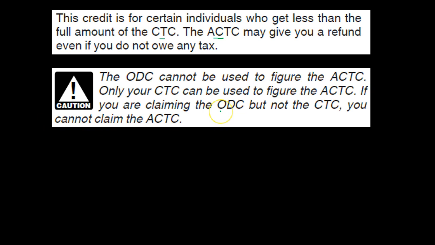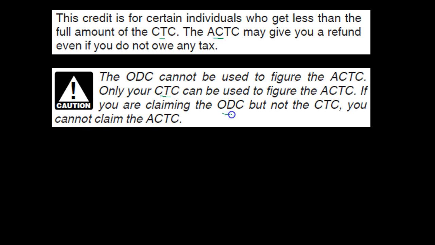If you have a dependent, the general rule goes like this. First question: can I get a child tax credit, which is up to $2,000? If no, then we're not going to get that credit at all, but we're going to go for the ODC, other dependent credit, which is only $500.